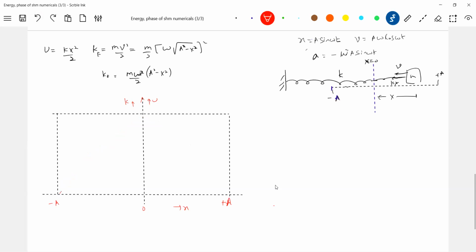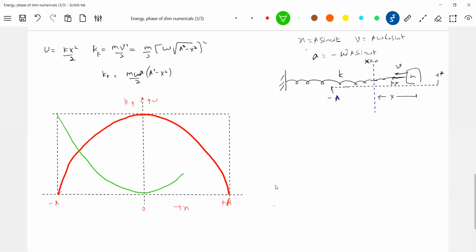Okay, this is the kinetic energy and this is the potential energy.